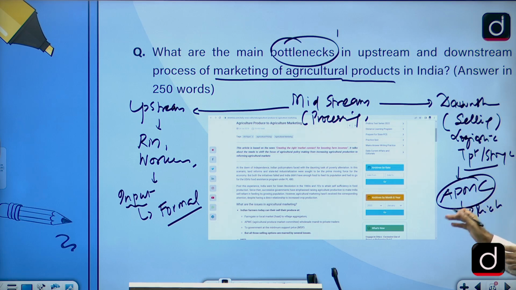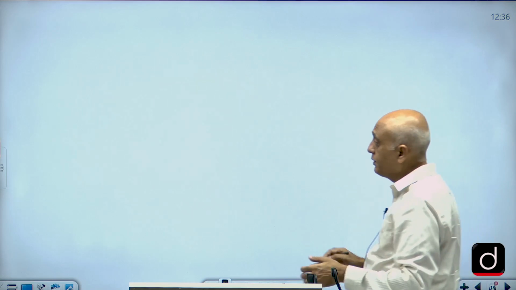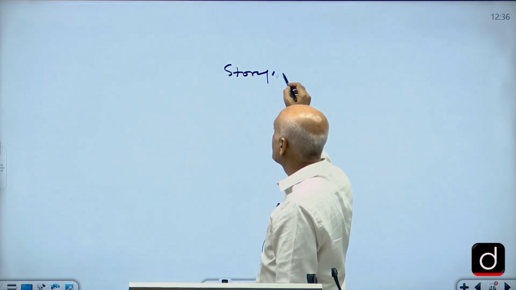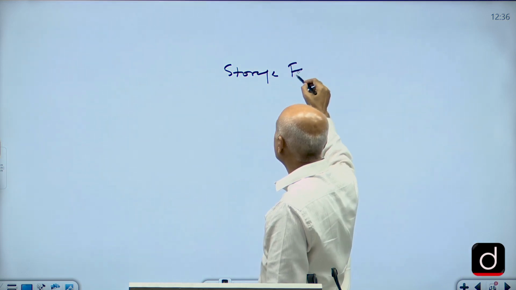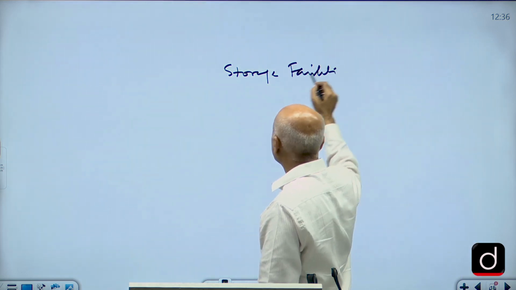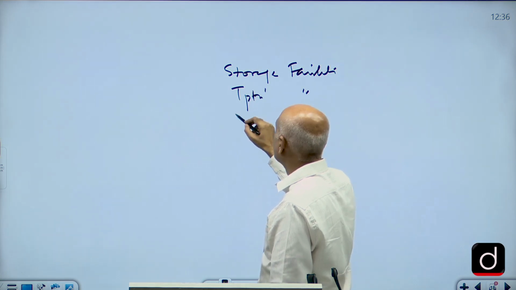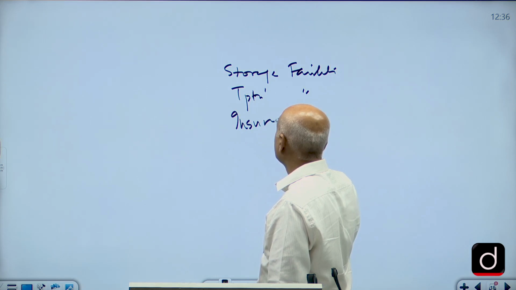There is a big communication gap, status gap between these two levels. The next point, which is again very important, is that India has a lot of agricultural loss. So the storage facilities are lacking, the transportation facilities are lacking, the insurance part is lacking.